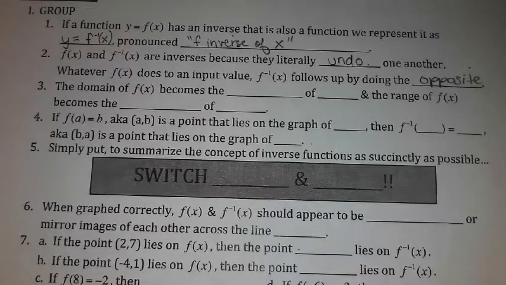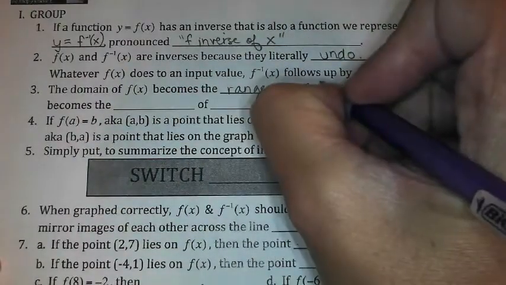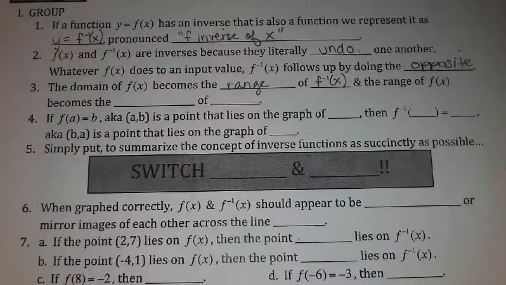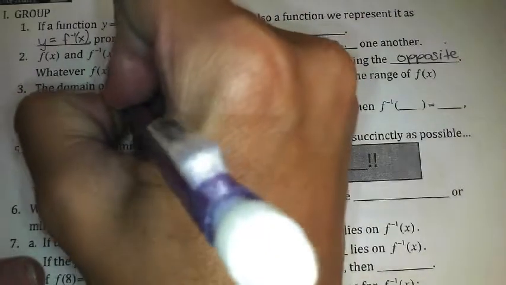Three we just talked about. The domain of f of x becomes the blank of blank. What do you think, Grace? The range of f inverse of x. Excellent. And the range of f of x becomes the blank of blank. Kirsten? Of? Very good.